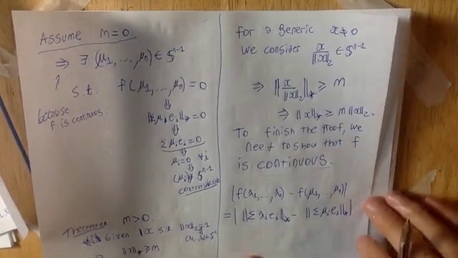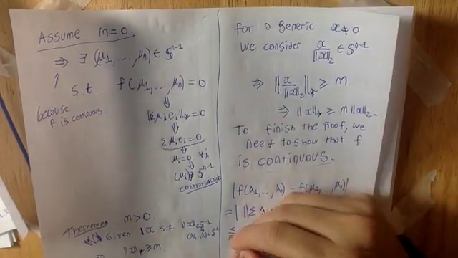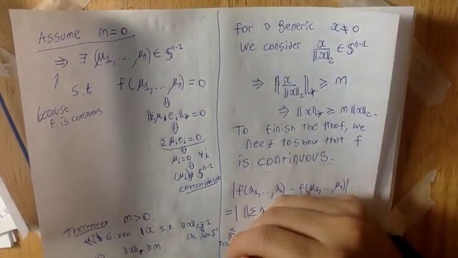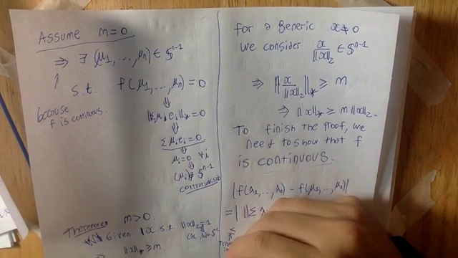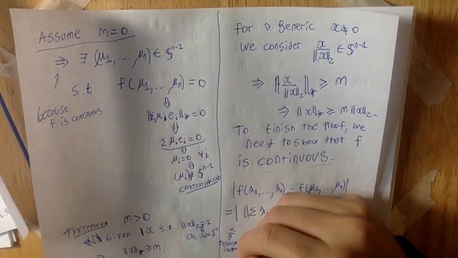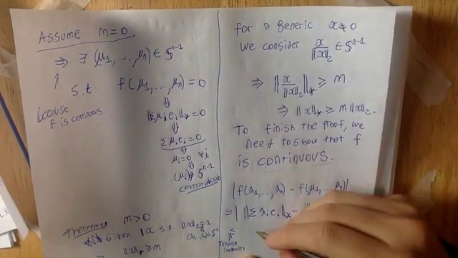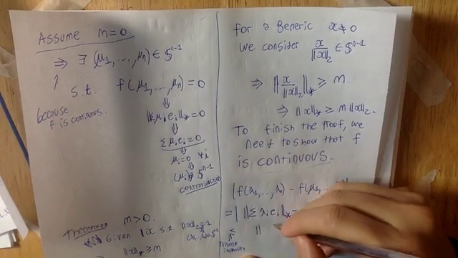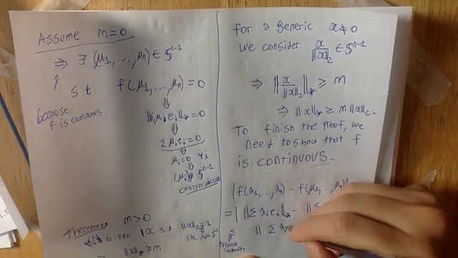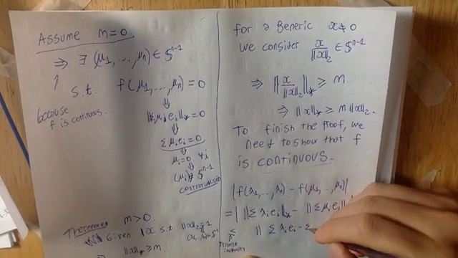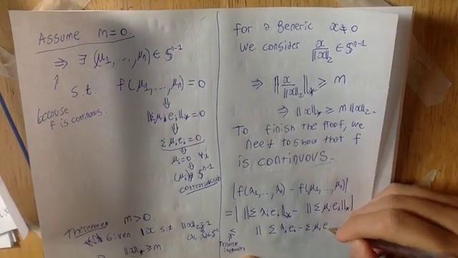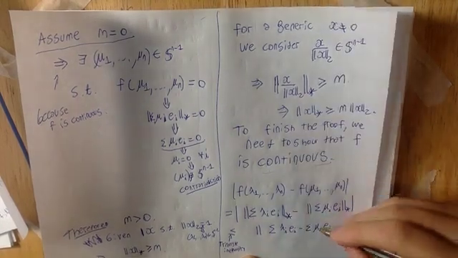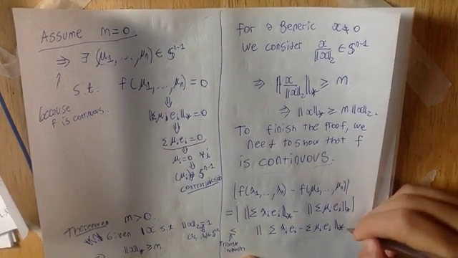But at the same time, this is less or equal, by the triangle inequality, than the norm of the sum of lambda i e_i minus mu i e_i, in the star norm.